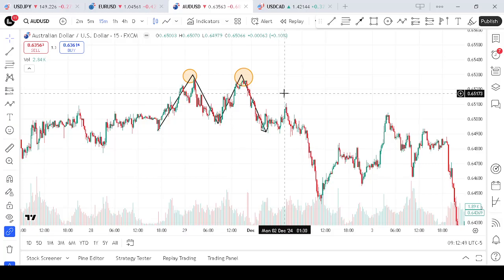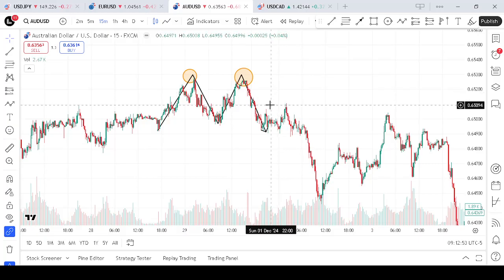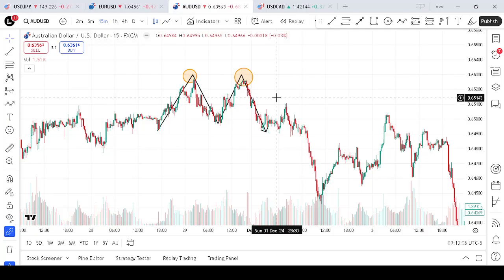This is the beauty of this pattern, which lies in this clear structure, which helps you maintain discipline in your trading approach. By following these entry and exit rules strictly, you can develop a consistent trading strategy.